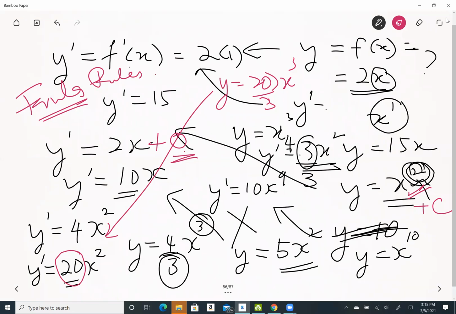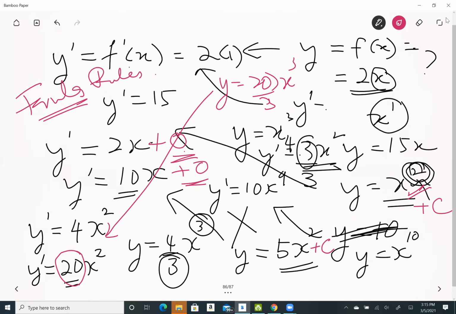Okay, another example. I got the 10x. 10x is in fact 10x plus 0. So if you want to find the function that if I differentiate, I get 10x, we know it already, 5x squared. But in fact it is a plus 0 there. So plus a c, because I differentiate a constant, I get 0. Similarly here, I got 4x squared.